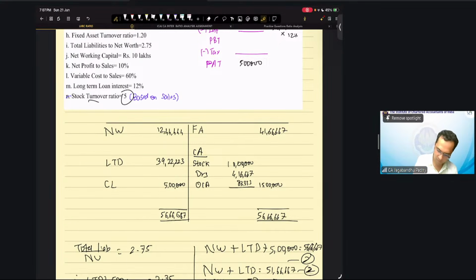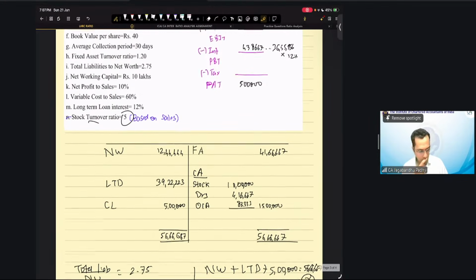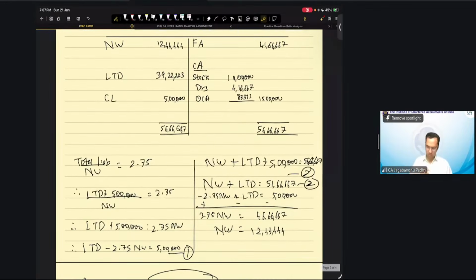Total liabilities is 39 lakh 22,223 plus 5 lakh. This is your total liabilities. This divided by 12 lakh 44,444. Total liabilities should be 2.75. I don't know, some mistake in this calculation.